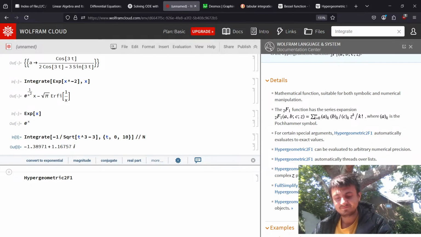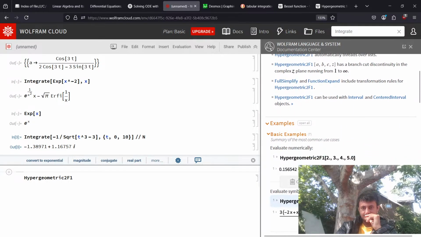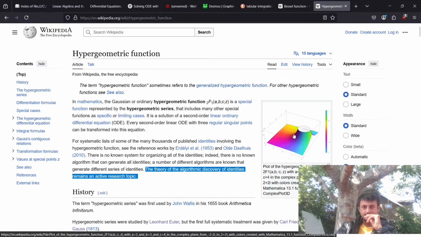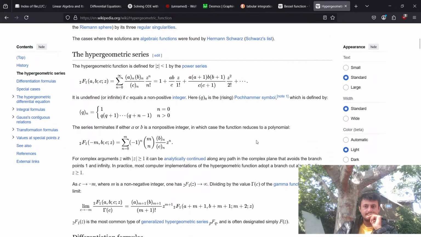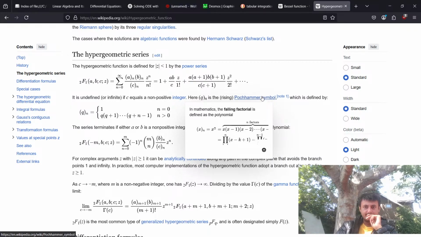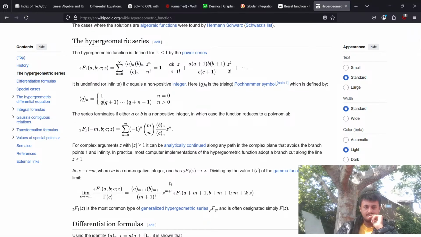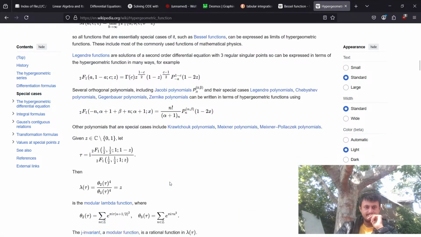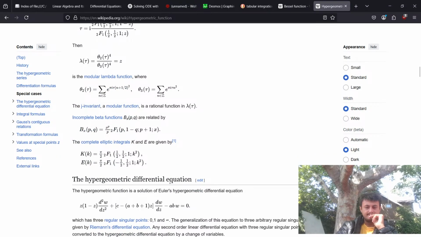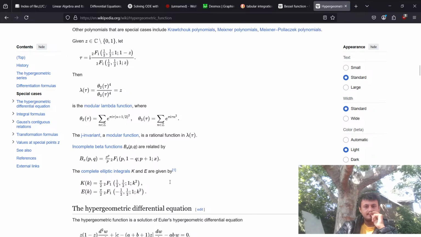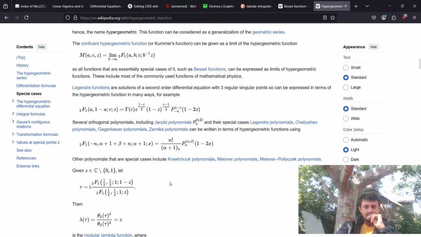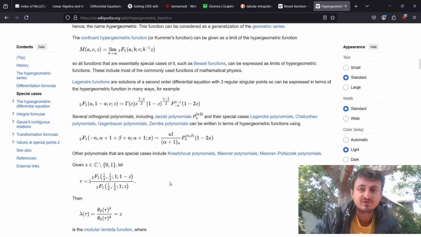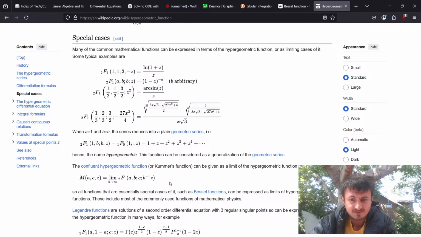That's crazy, man. Dude, people have studied polynomials so much, it's crazy. Confluent.